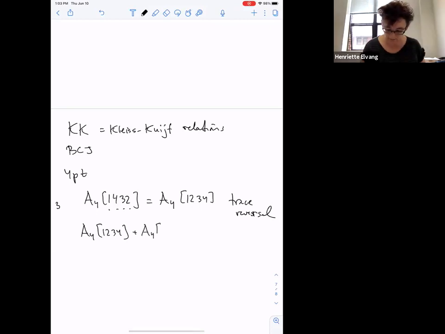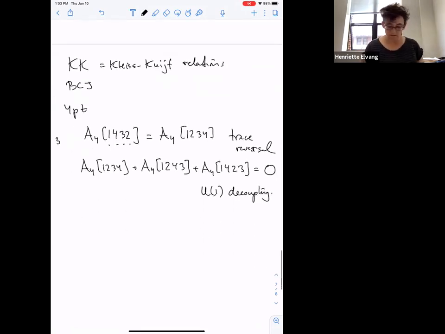So there's a U(1) decoupling identity that says that line 4 in the U(1) doesn't care where it sits. And so I can put it in all places and the sum has to be 0. And that's called the U(1) decoupling. This comes about because the only color structure that you have in pure Yang-Mills theory is the f^{abc}s.